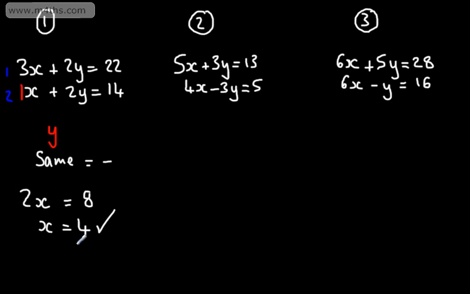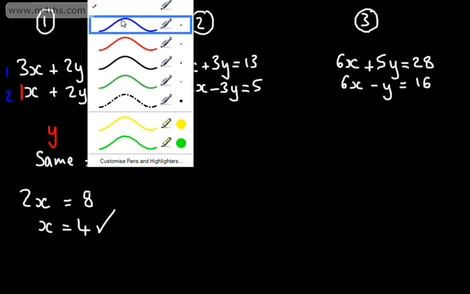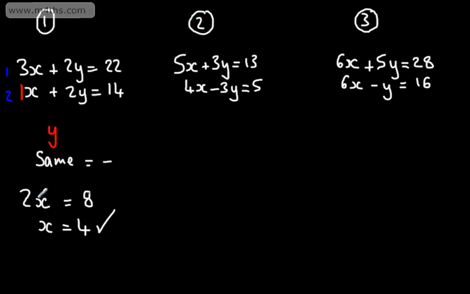All we need to do now is simply substitute this value back into either one of the equations to solve for y. So all I'm going to do is substitute x is equal to 4 into equation number 2. You can, of course, substitute it into equation number 1. It's just slightly easier in this case because we've only got 1x.